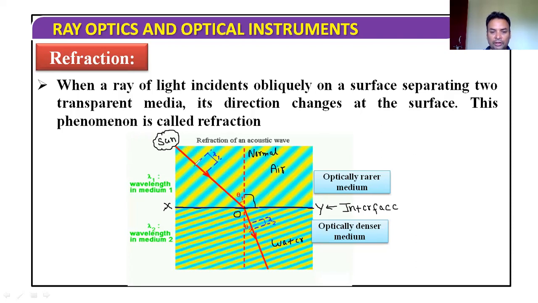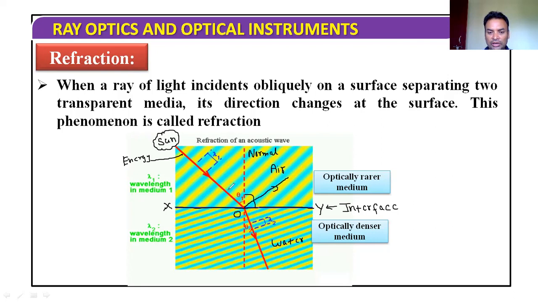So this ray of light incident at the interface at point O makes an angle theta 1 with the normal. Because this light has energy, some portion of the energy at this point is reflected back to the same air.